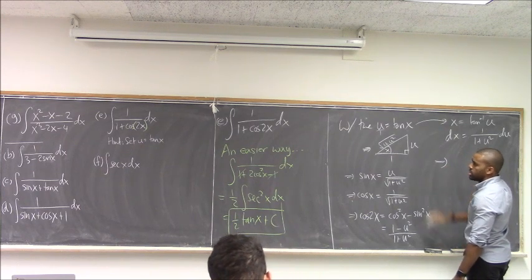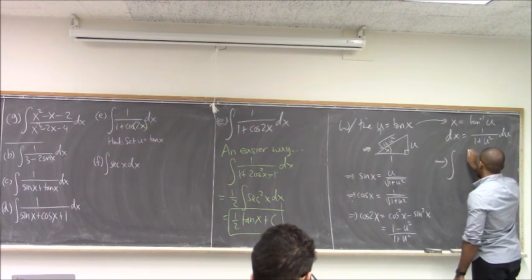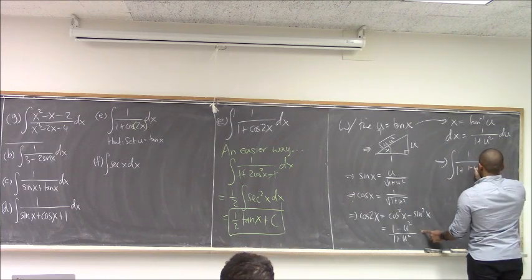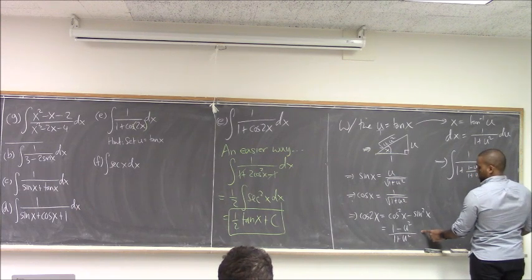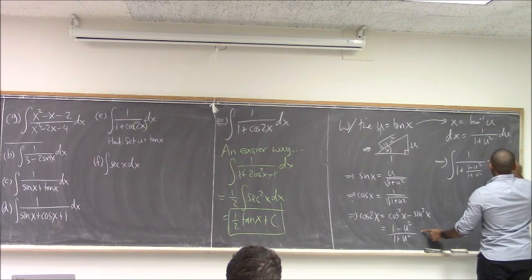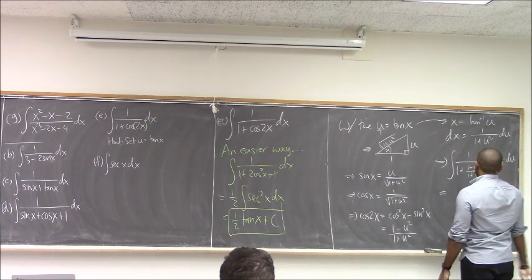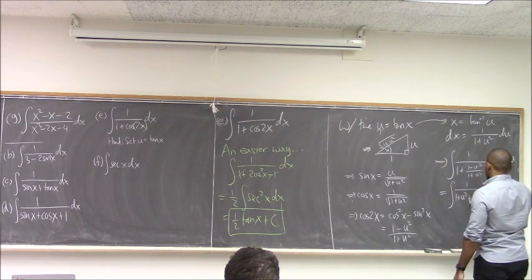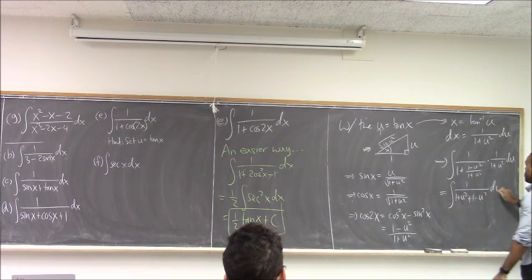So this means our integral would become cosine 2x, which is 1 minus u squared over 1 plus u squared, times 1 over 1 plus u squared. And this will be 1 over 1 plus u squared plus 1 minus u squared, du.